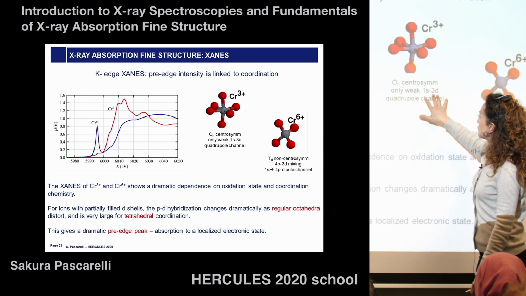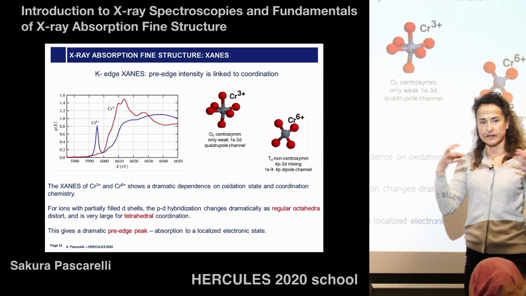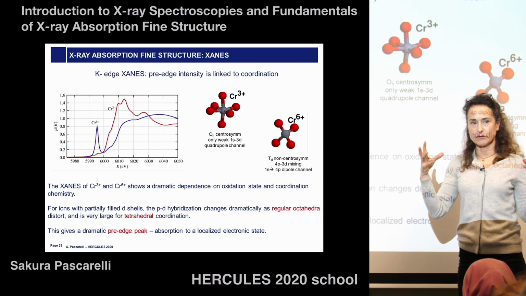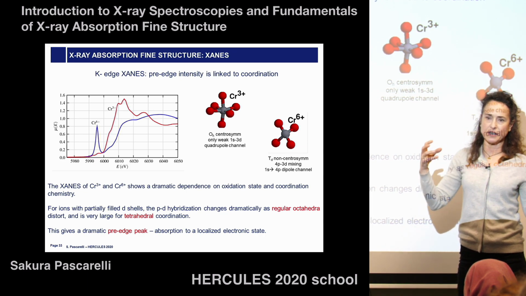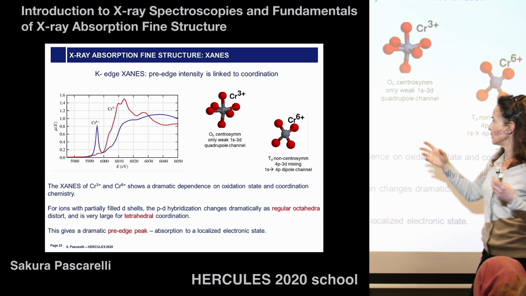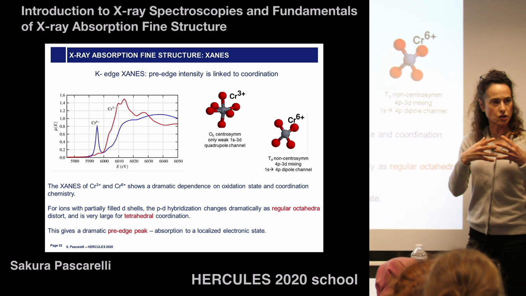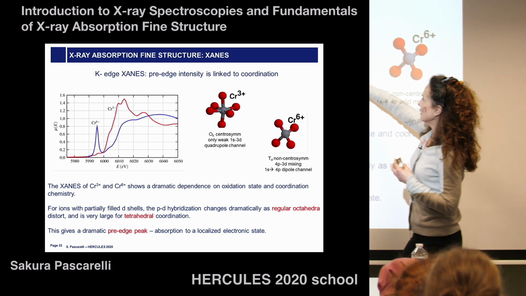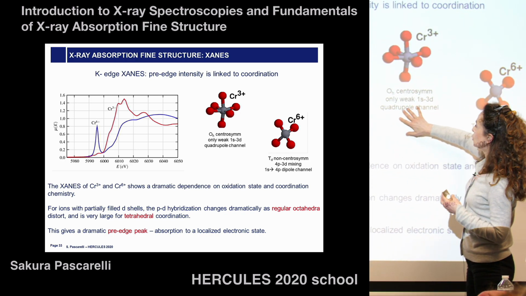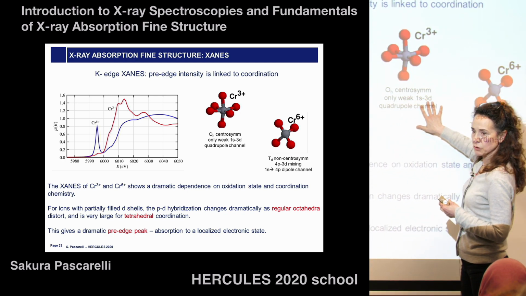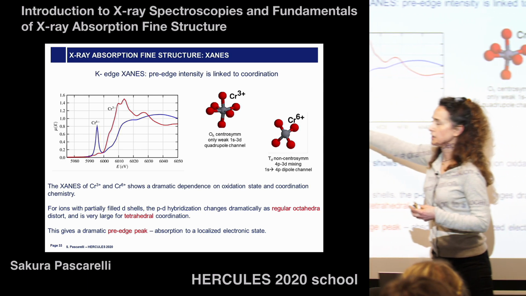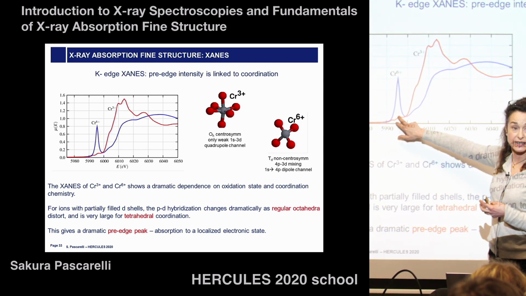So the 3D orbitals, they don't really feel the 4p's. They don't interact much, right? So you're only seeing actually the 1s to 3D quadrupole channel, and that's why you have a very small feature here, because it's dipole forbidden.